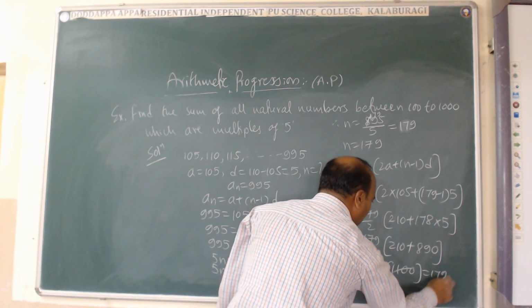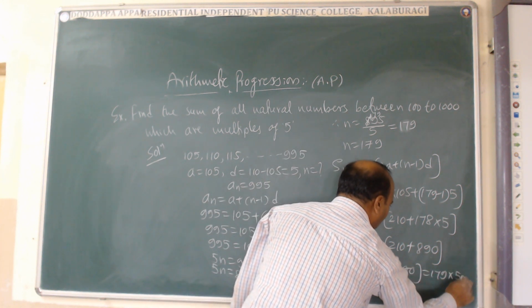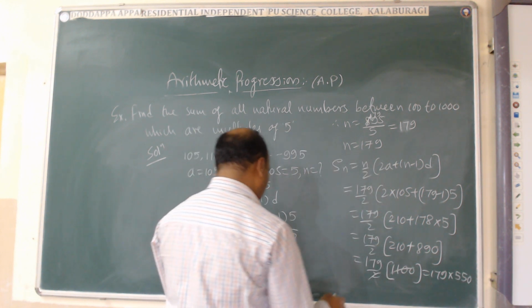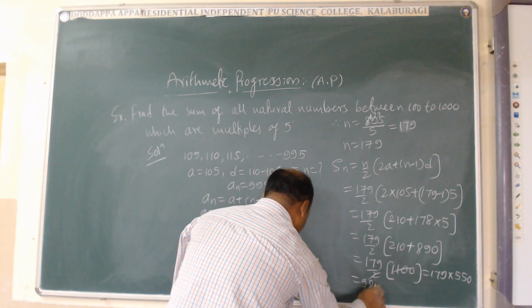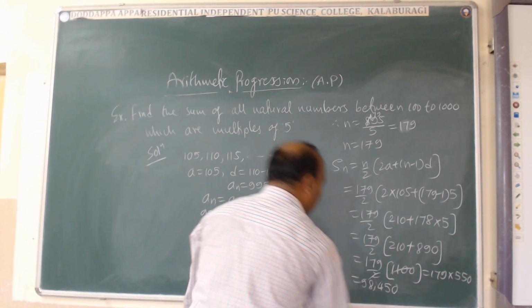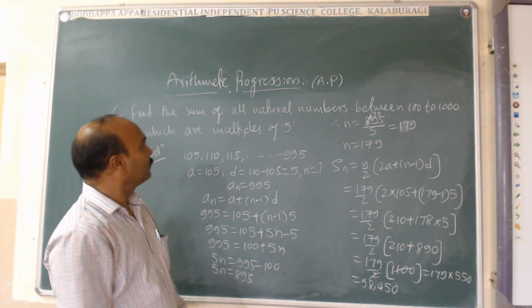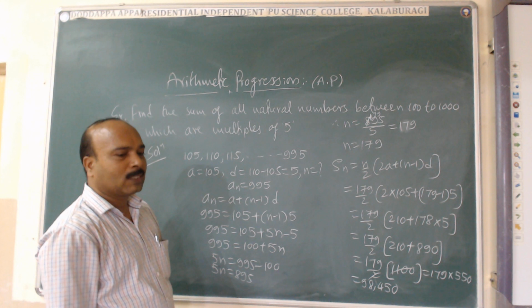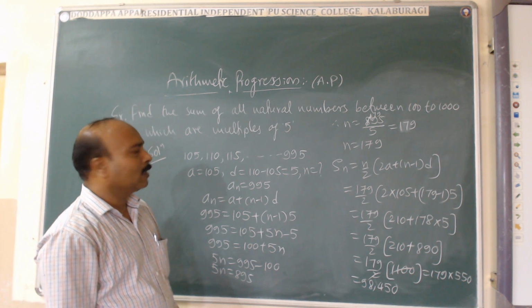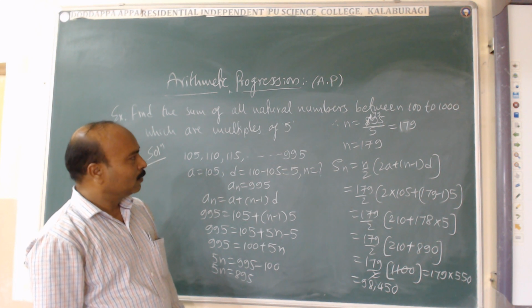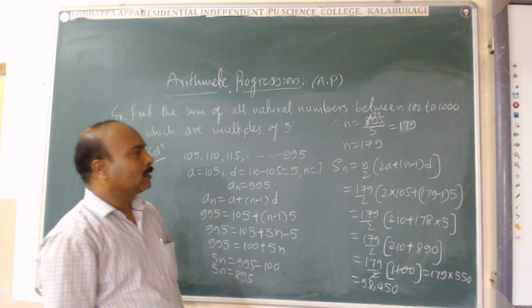It is 179 into 550. If you multiply this, you get 98,150. So this is the sum of all the natural numbers between 100 to 1000 which are multiples of 5 only. Like that we solve the example by using the given conditions.